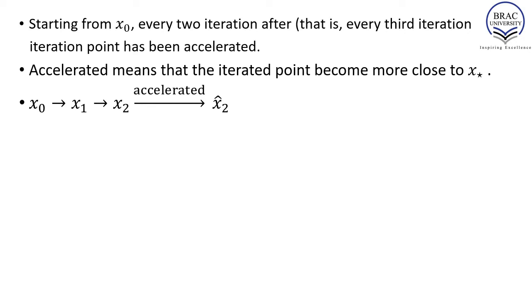Diagrammatically, we start from x0, then compute x1 by the iteration formula, and then from x1 we compute x2, and then we apply the Aitken acceleration formula that we saw in the previous slide, and then we compute x2 hat. Now this x2 hat we treat like an x2. Remember that this x2 here is not the same as this x2, but we are treating these two as the same.